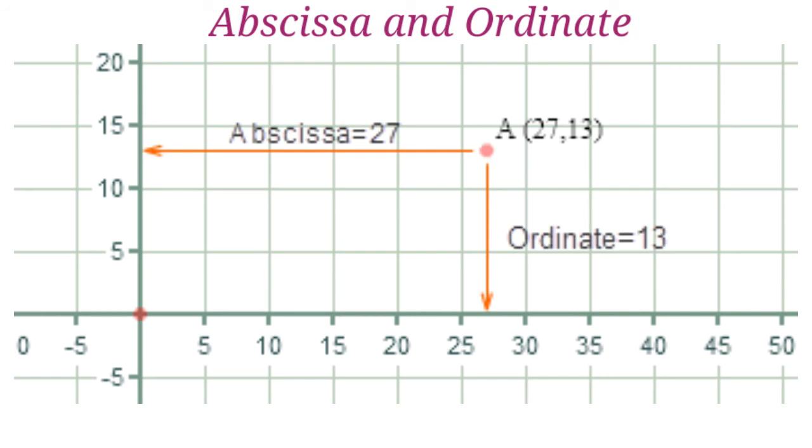Now the y coordinate of a point is its perpendicular distance from the x-axis measured along the y-axis. For the point A, it is 13. So the y coordinate is also called the ordinate of the point. Okay, and the value of ordinate here is 13.